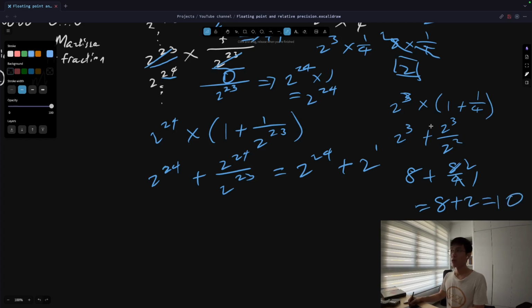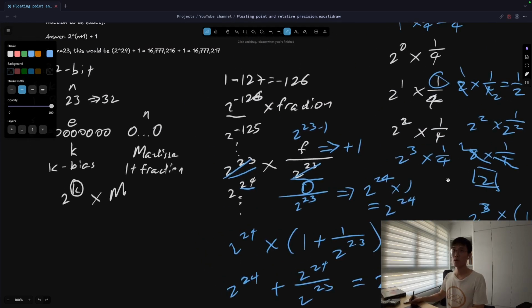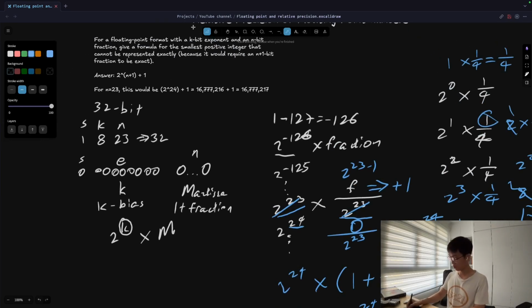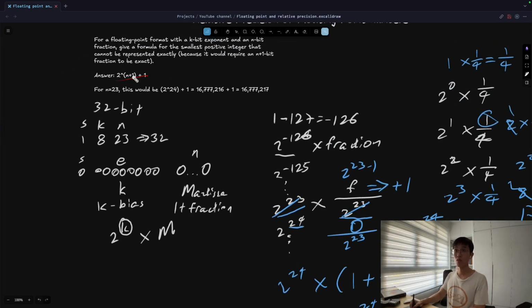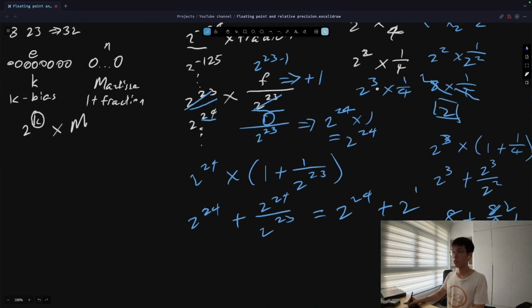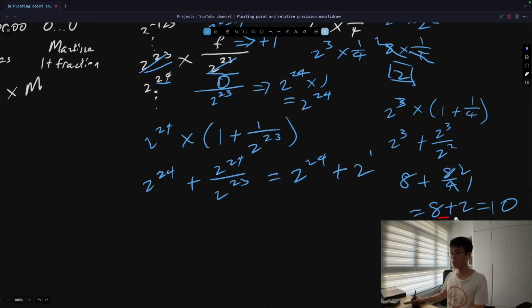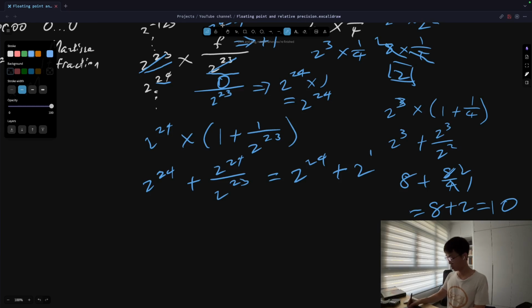And so going back to the same formula here, 2 to the power of n plus 1, where in this case n is 2, so 2 to the power of 3 is 8, plus 1, 9. 9 can't be represented exactly because the next increment is actually 10.